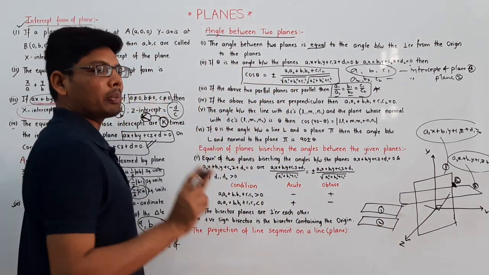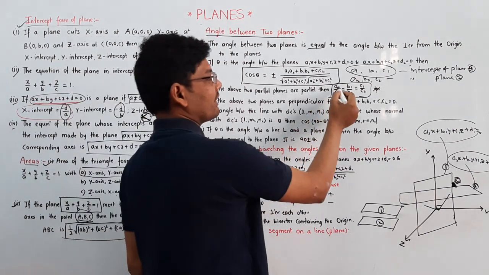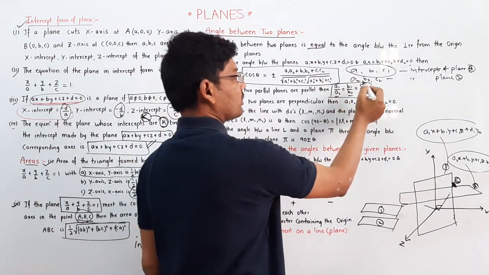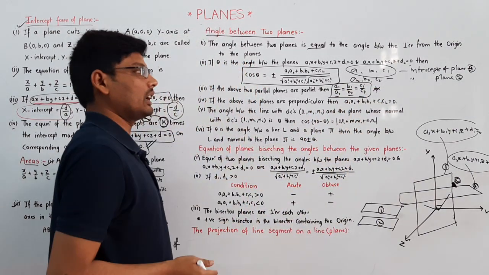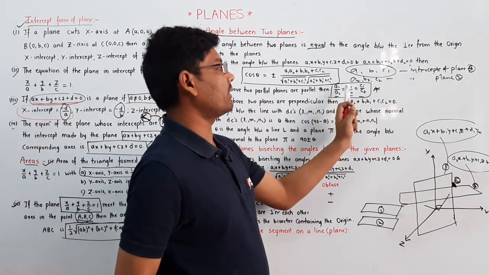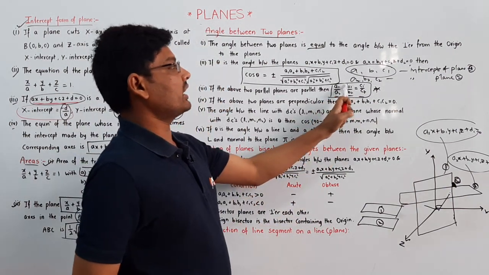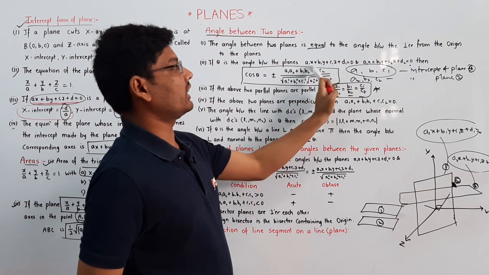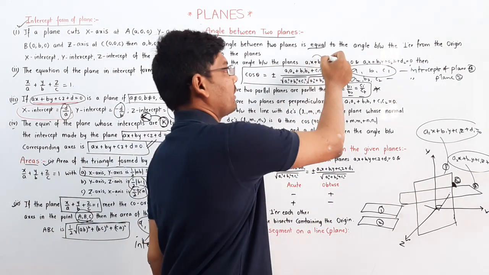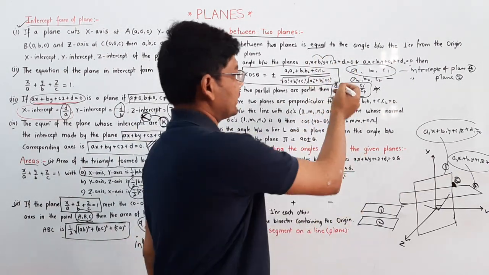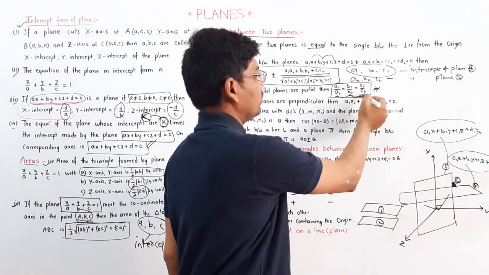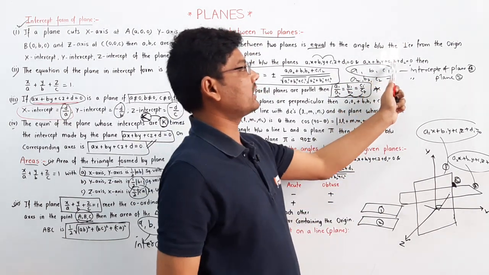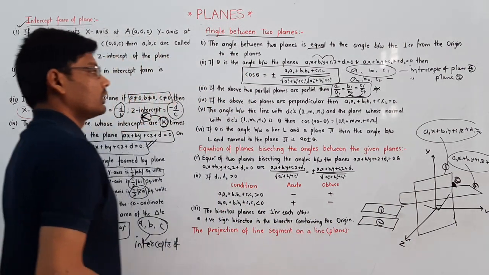Here a1, b1, c1 are the coefficients of x, y, z, and a2, b2, c2 are the coefficients of x, y, z respectively.